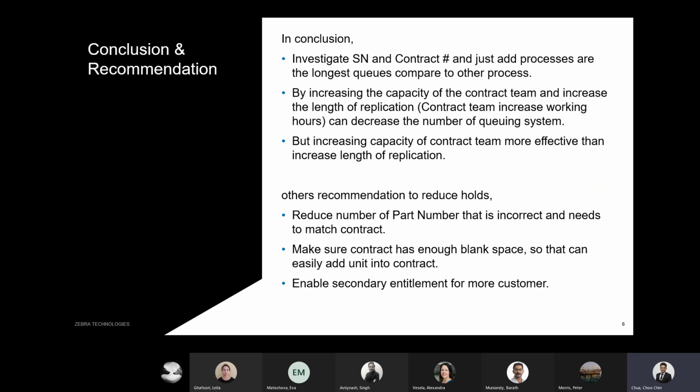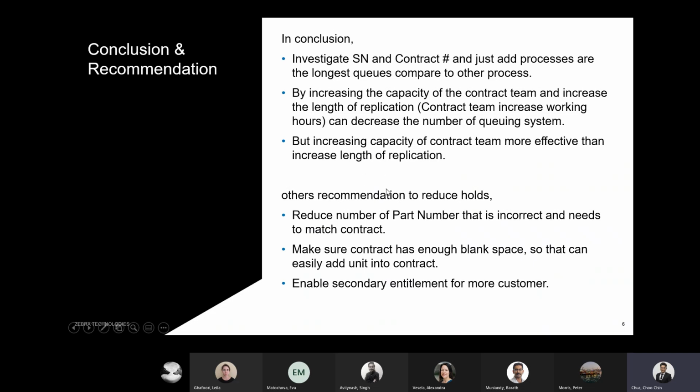But increasing the capacity is more efficient and effective than increasing the length of the replication. Otherwise, to reduce the queuing system, we reduce the holds.